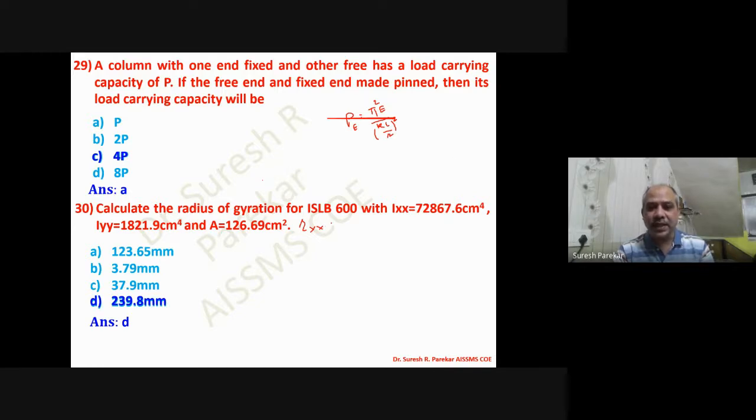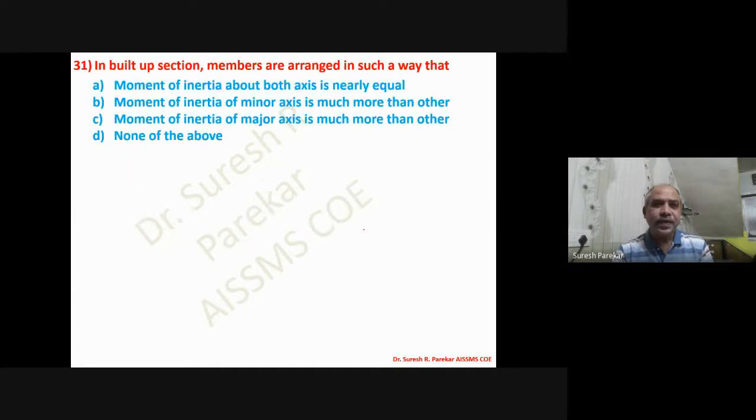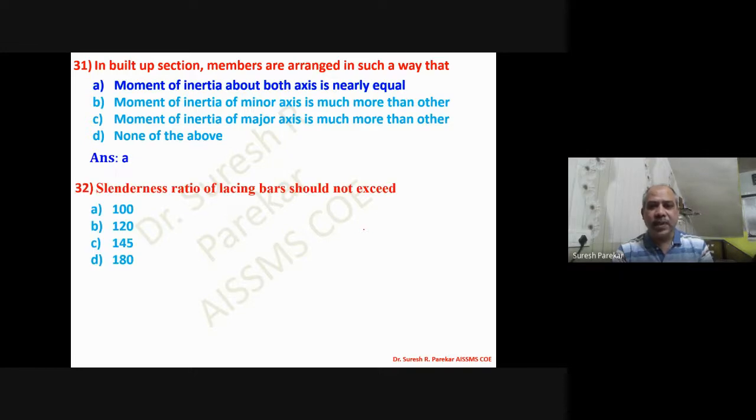So RXX is equal to the square root of I by A. It will be given whether you require RXX or RYY, and if they ask for minimum, then we go for IYY upon A, depending upon the axis they have asked about. Now in a built-up section, members are arranged in such a way that, as we have already seen in that video, the moment of inertia about both axes is nearly equal.